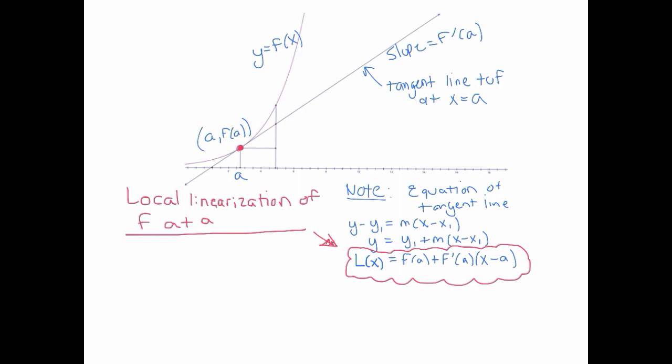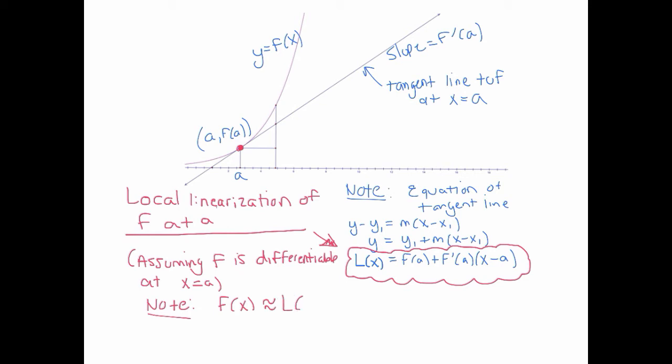All right, and again, this only works if your function is differentiable at a. But if that's the case, then an important thing to point out, and I'll give you an example on the next slide, is that the function f of x is really close to L of x near x equals a.